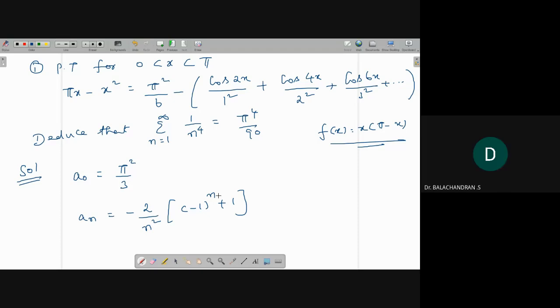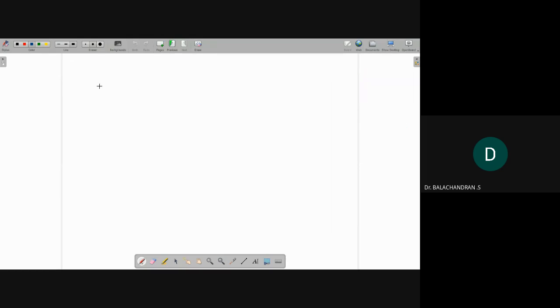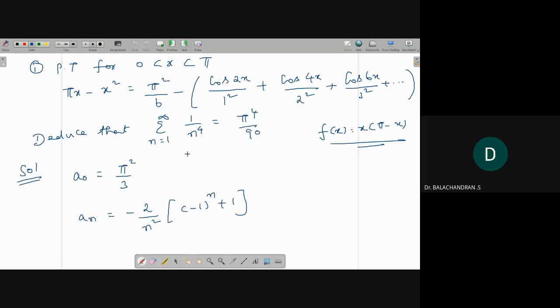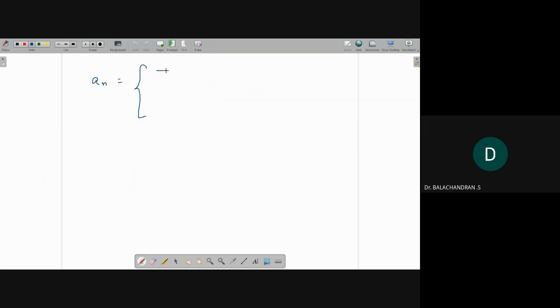Yes, sir. Okay. Now I think an you can simplify further. When n is odd, this is 0. When n is even, this is 2. So minus 4 by n square, and equal to 0 when n is odd.